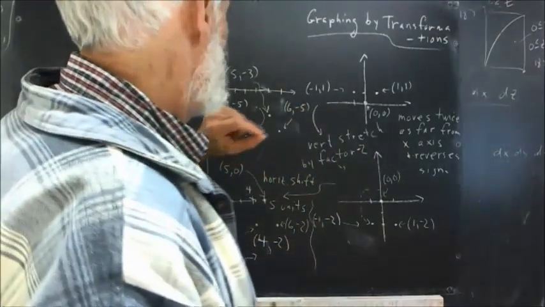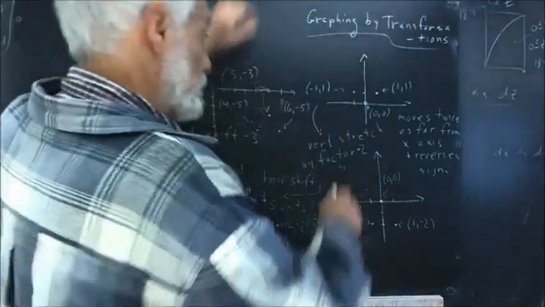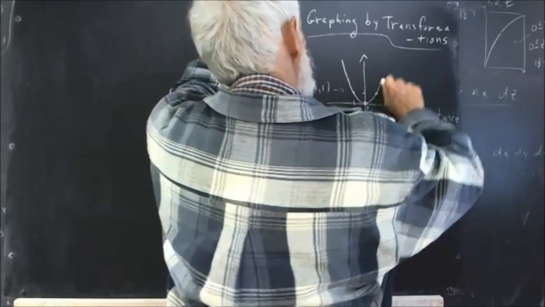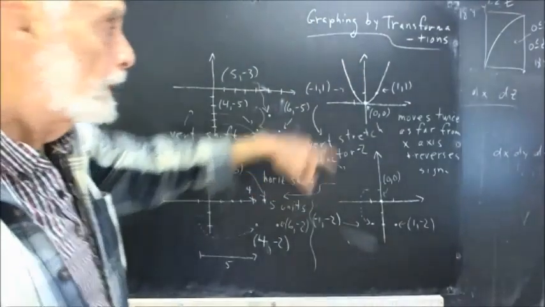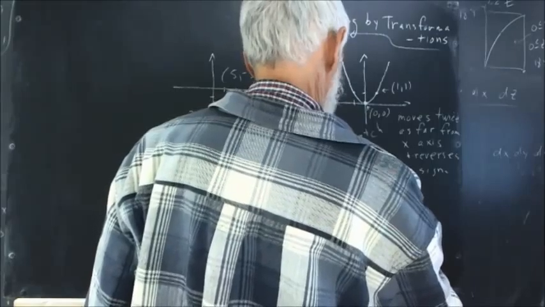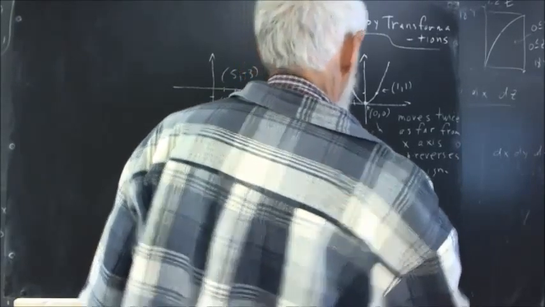Okay? If this happens to be a graph of a parabola, y = x² graph, then the entire graph is going to look like this. When we invert it and stretch it by factor 2, it's going to look like this.